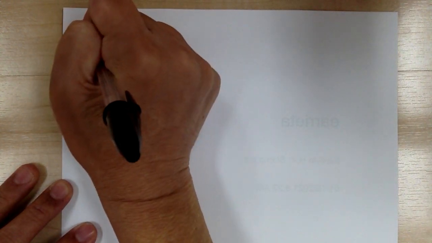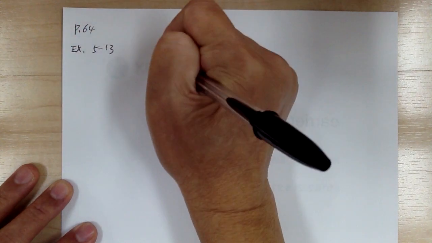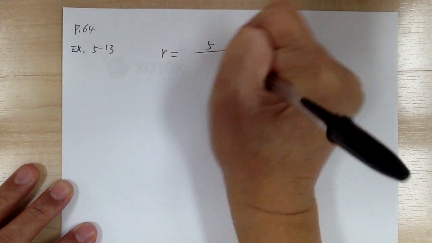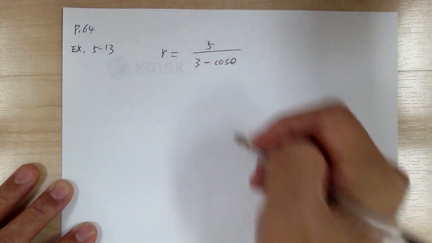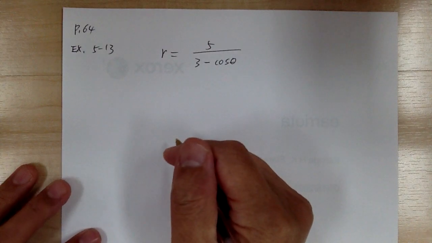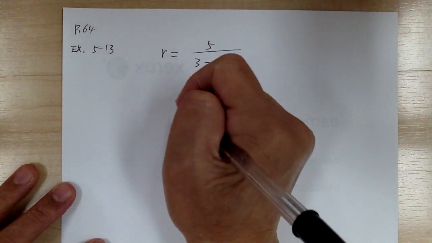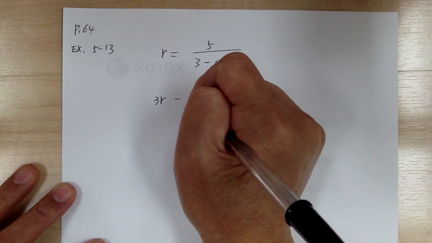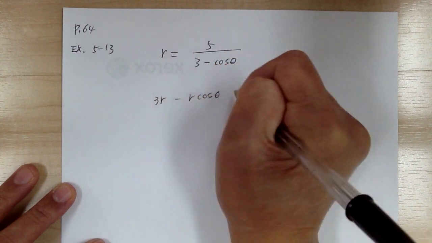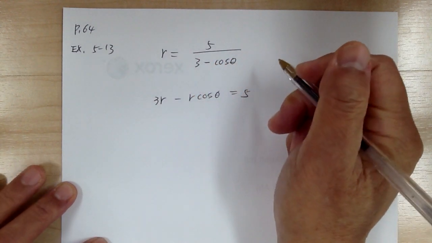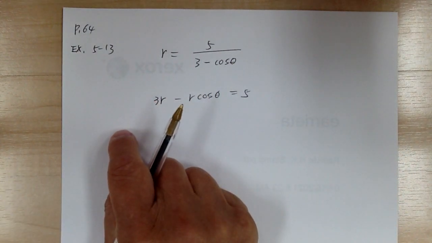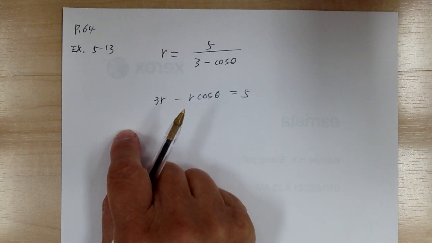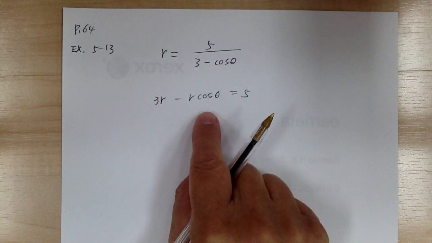Example 5-13 says r equals 5 over 3 minus cosine theta, and you want to convert this into rectangular. First we're going to cross multiply. So you get 3r minus r cosine theta equals 5.